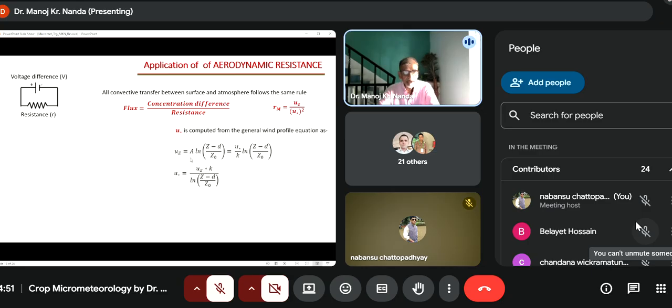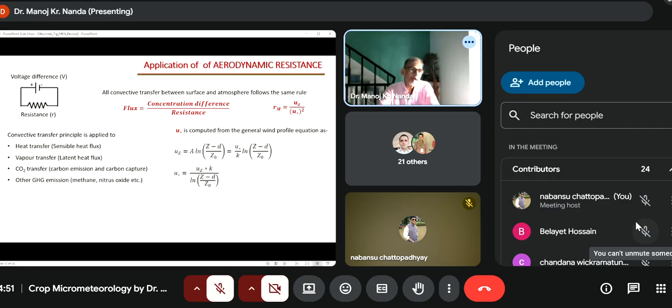So you can easily compute the U star. By that you can compute heat transfer, vapor transfer, carbon dioxide transfer, GHG transfer. Only the coefficients are different. And as per the Reynolds analogy, I have already told earlier, all these coefficients are same. So if you know this U star by U square, or U by U star square, then you can get the coefficients, you can get the flux.